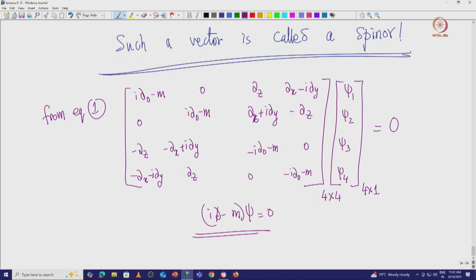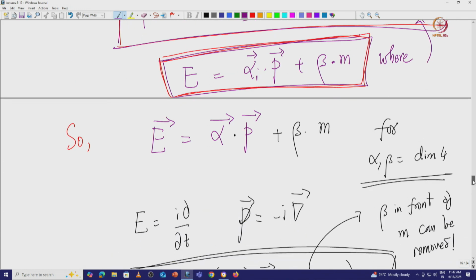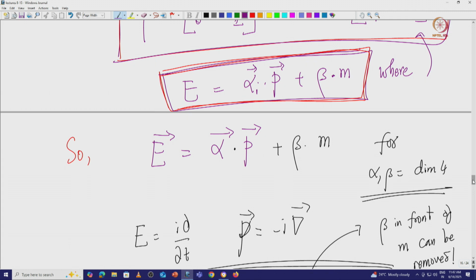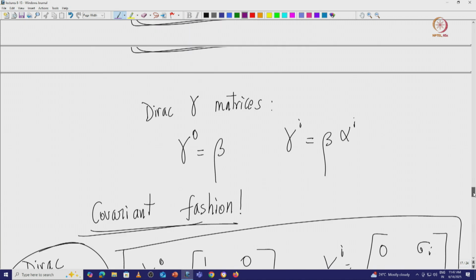Now what we have seen earlier in the class is that if I iterate this equation, E equals alpha times p plus beta times m, and square it, the condition is that it should give me back E square is equal to p square plus m square.